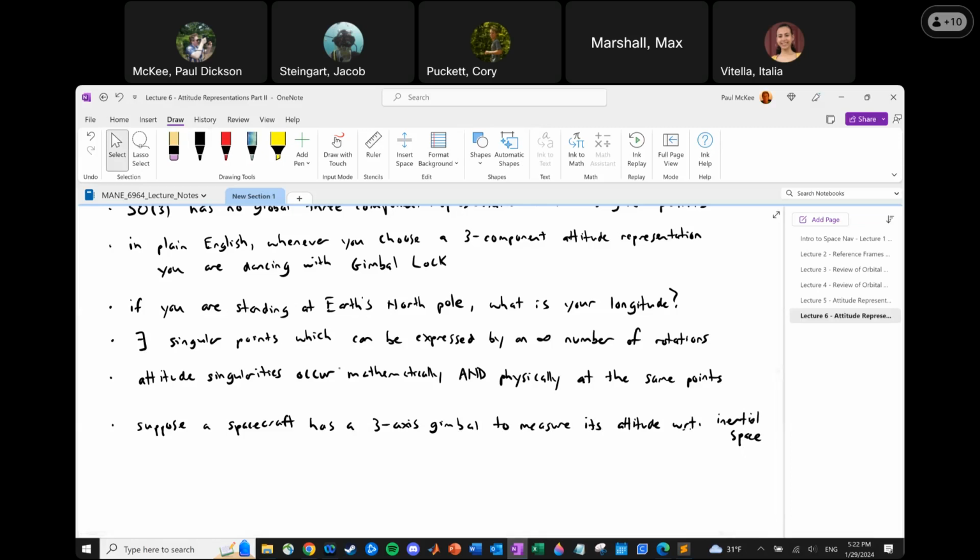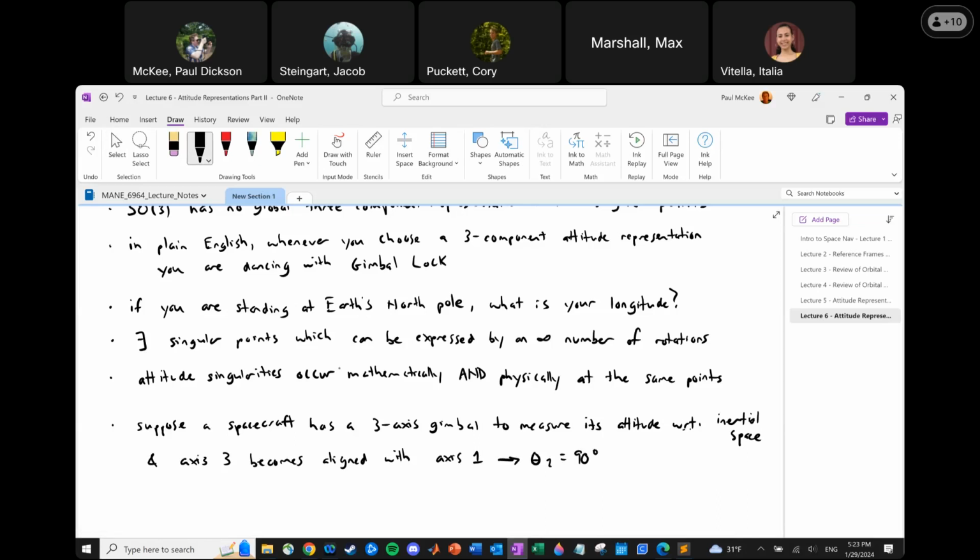Suppose then that axis 3 becomes aligned with axis 1. And this occurs whenever theta 2 equals 90 degrees.